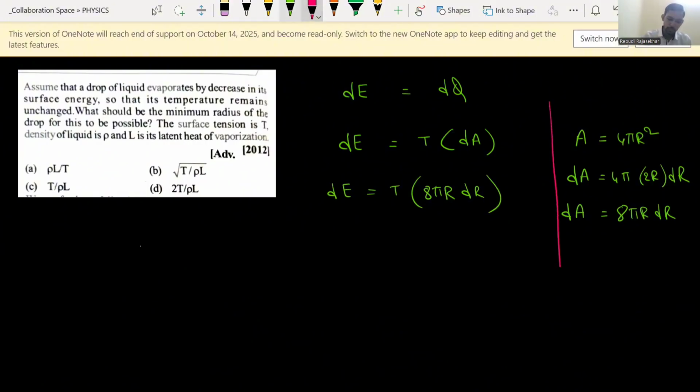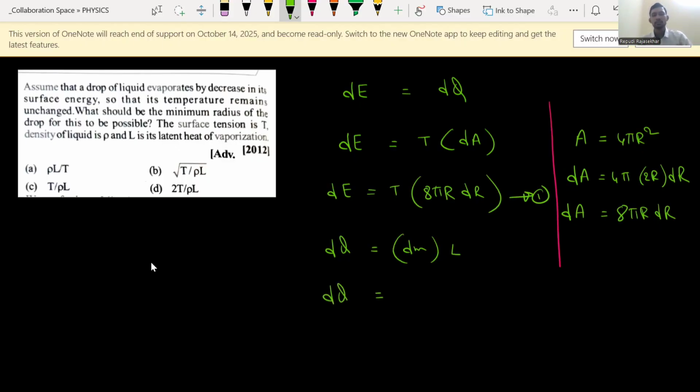Now the dQ value: how much energy is required for the vaporization purpose, that is supplied by nothing but this change in surface energy. Let us take this as equation number 1. Now dQ is what? dQ is nothing but, from the general equation Q equals m into L, here for a small amount of heat dQ equals dm into L. So dQ equals mass.